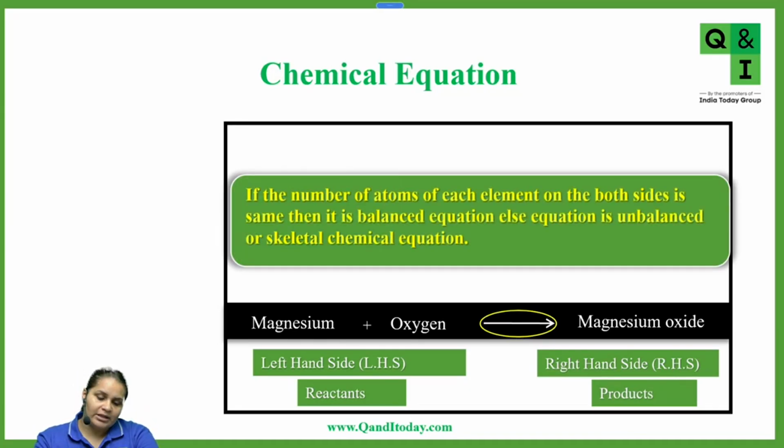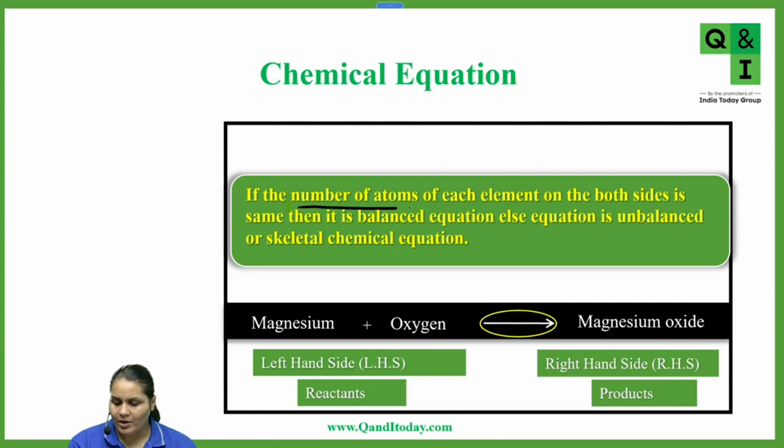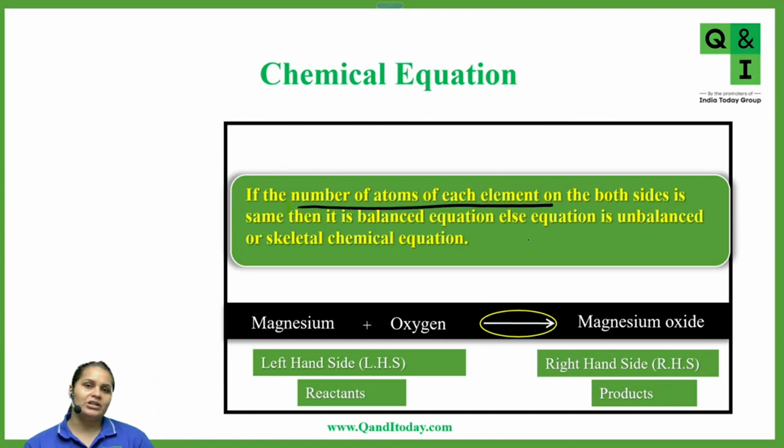But once we represent it with their chemical formulas, and if we find that the number of atoms of each element on both sides is the same, we call it a balanced equation.